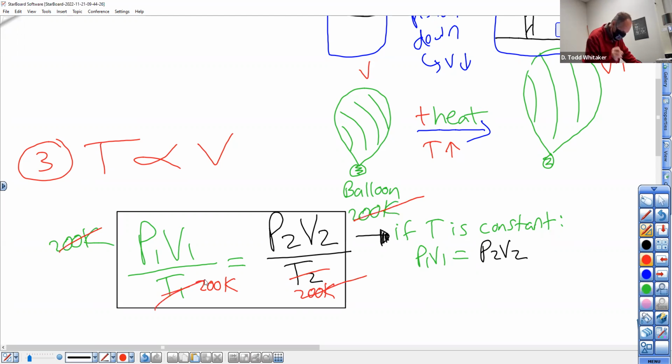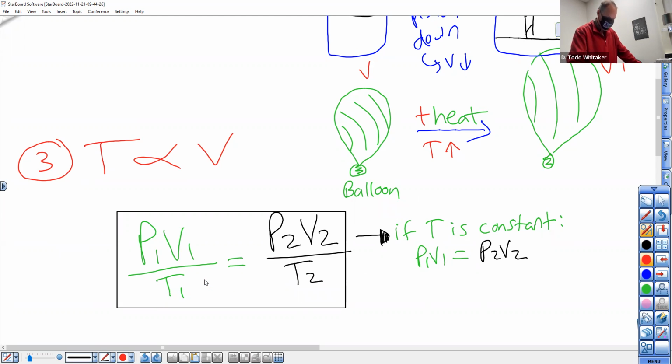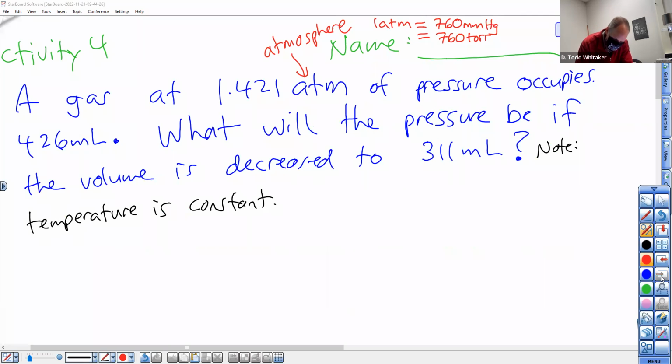Cancels, cancels. What happened to your temperature? Gone. What are you left with? Exactly what we wrote here. We're going to use that on our activity right now. P1, V1 equals P2, V2.